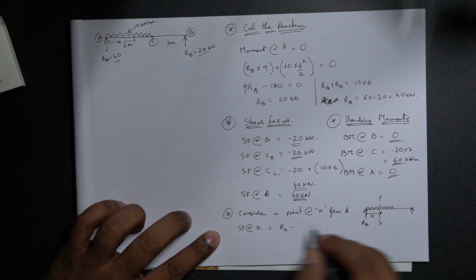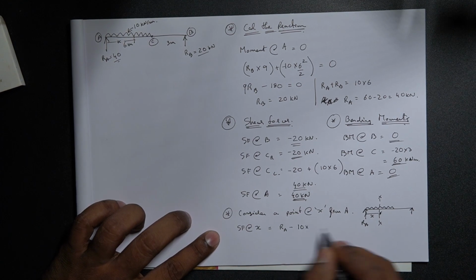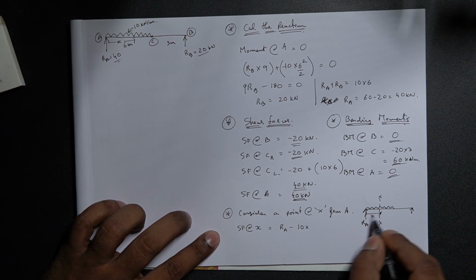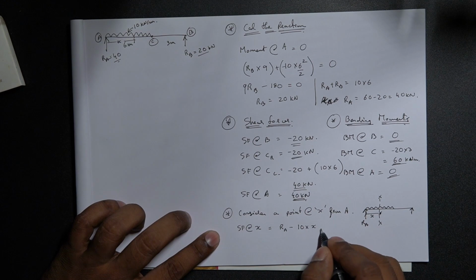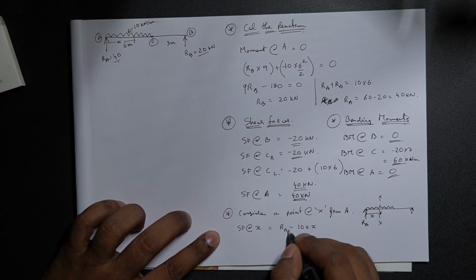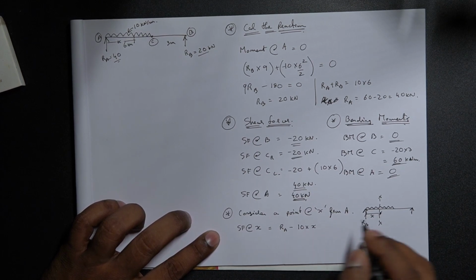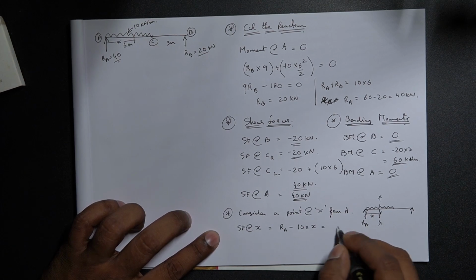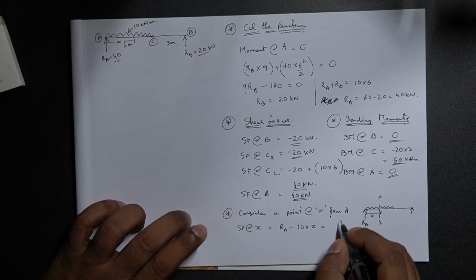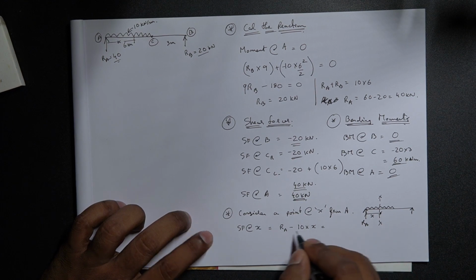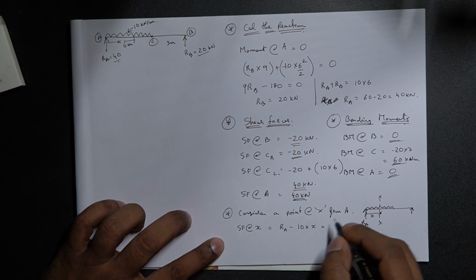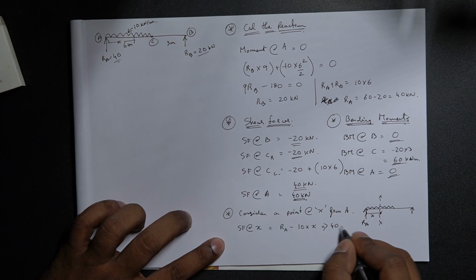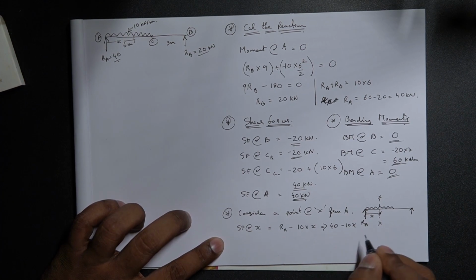So that is 10 times the span on which it is acting, that is 10x, which is acting downward, that is why minus. My RA is equal to 40, so this can be written as 40 minus 10x.